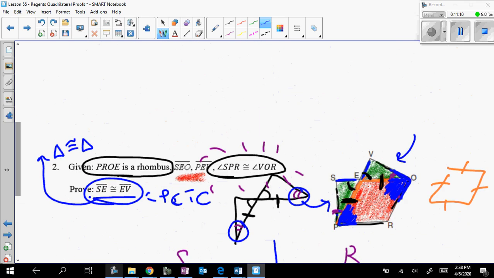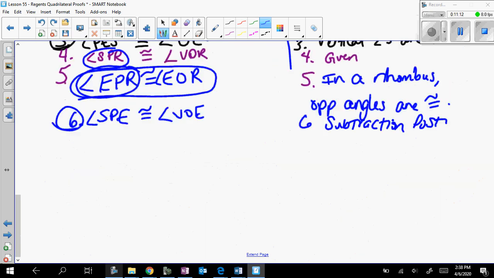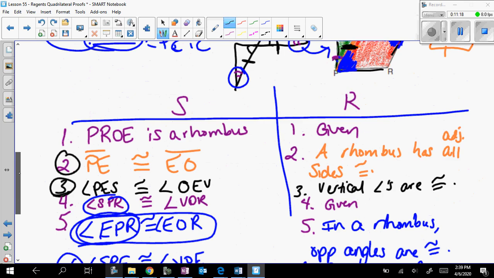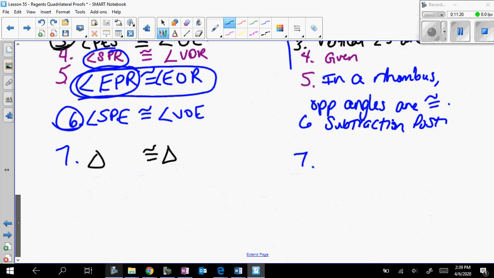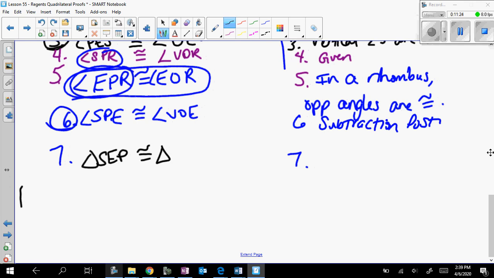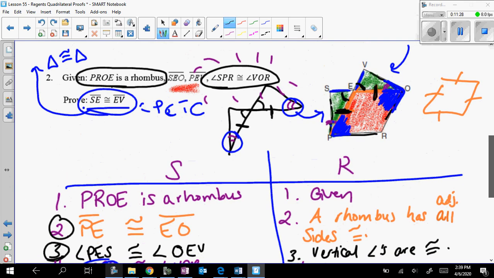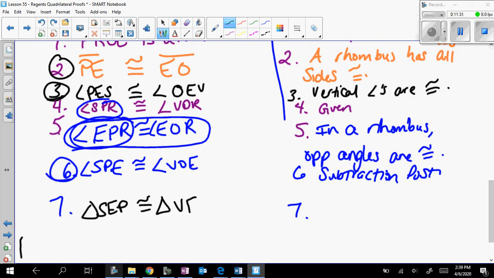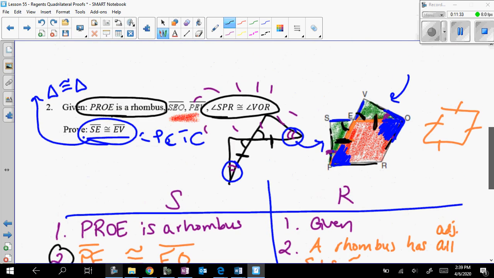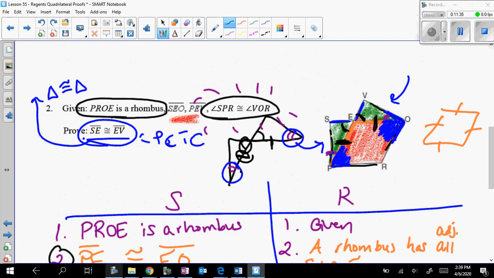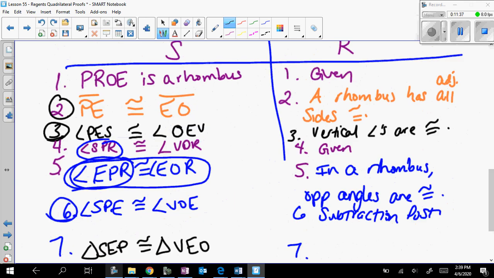And now, here we go. We've got 2 more steps to go. We have 3 things in each triangle congruent. I'm going to say that the triangles are congruent. Triangle SEP is congruent to triangle VEO. And the reason is, here you go, 2 angles, side in the middle.